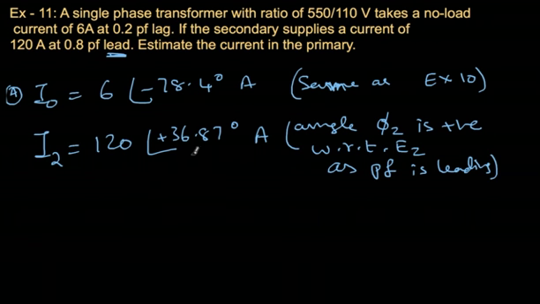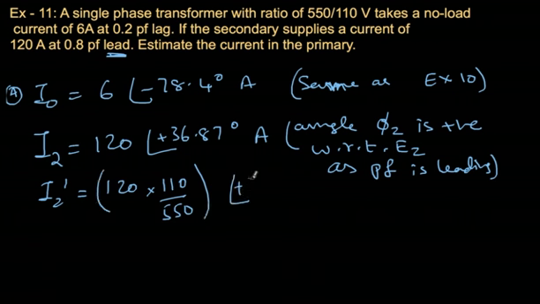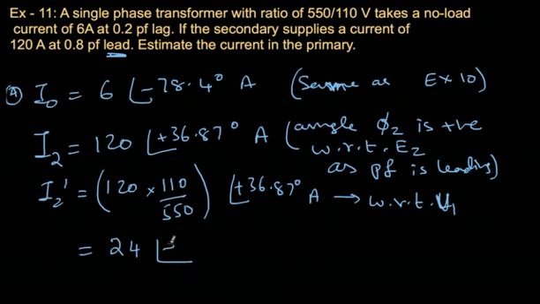Now what is I2 dash? I2 dash will be 120 into 110 by 550, and the angle will still remain the same, plus 36.87. This will be with respect to E1 now, or V1. And this one is 24 as we calculated, at plus 36.87 degrees.